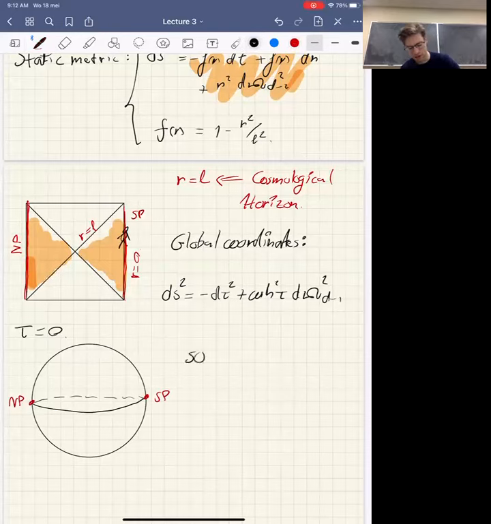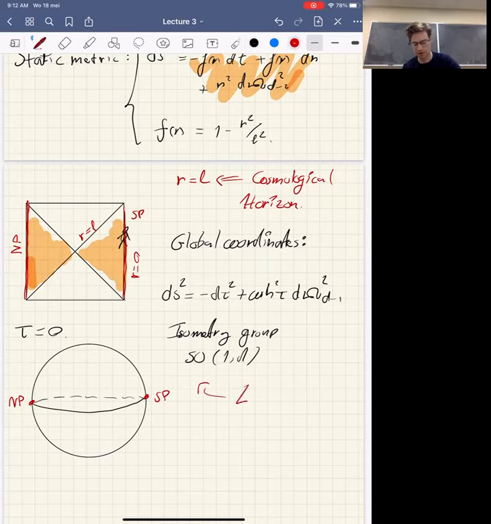For d-dimensional de Sitter space, the isometry group is the following: SO(1,d), which you might recognize as the Lorentz group in d+1 dimensions.